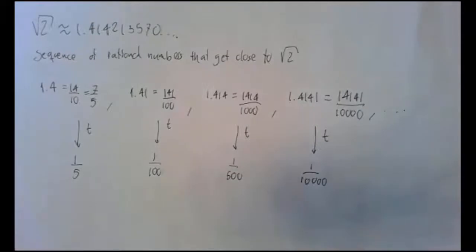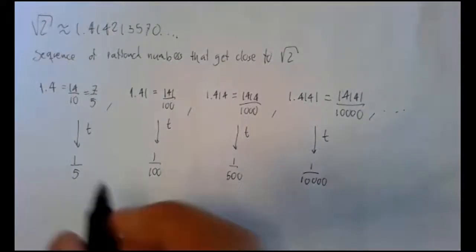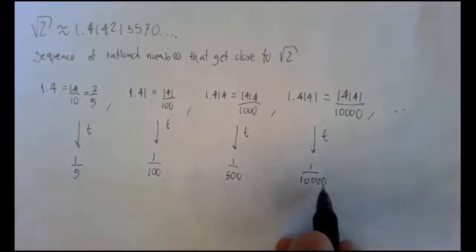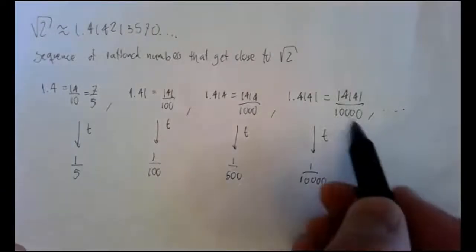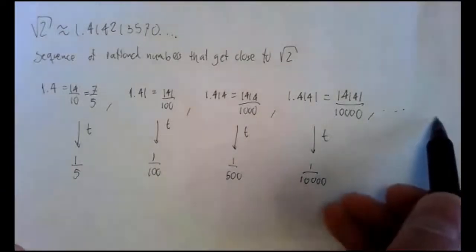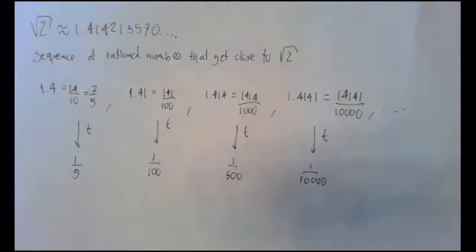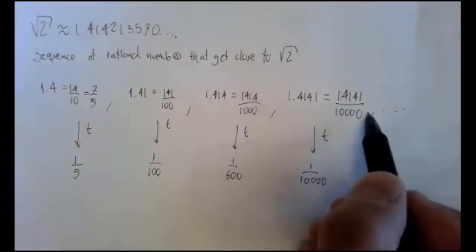Now, what I want you to realize, though, is that these numbers are becoming smaller, right? So if you use a better approximation to square root of 2, if you get closer and closer to square root of 2, you're going to need more and more digits, right? And by using more and more digits, the denominator will be bigger and bigger.